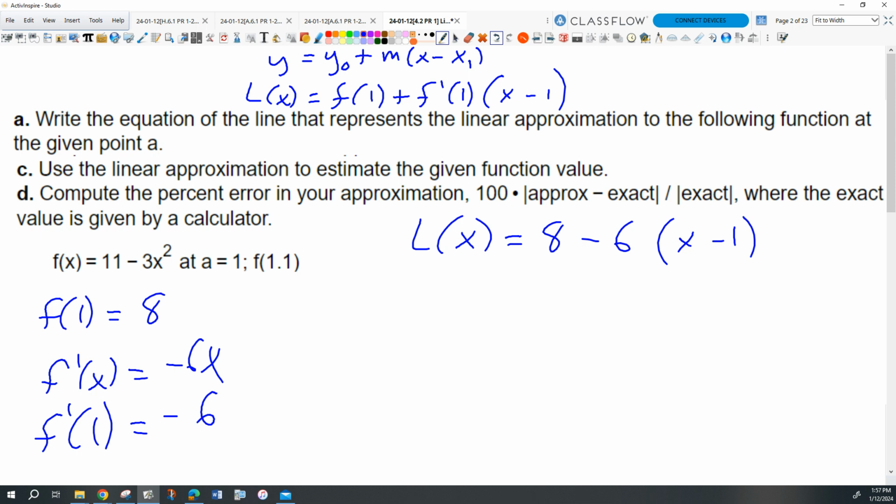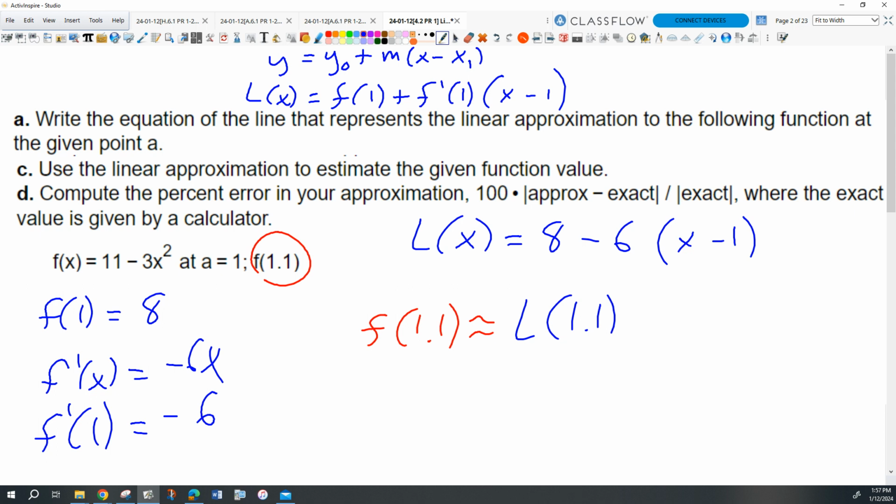Now we'll use the linear approximation to estimate the given function value. So what are we trying to estimate? This. So f of 1.1 is approximately equal to L of 1.1.